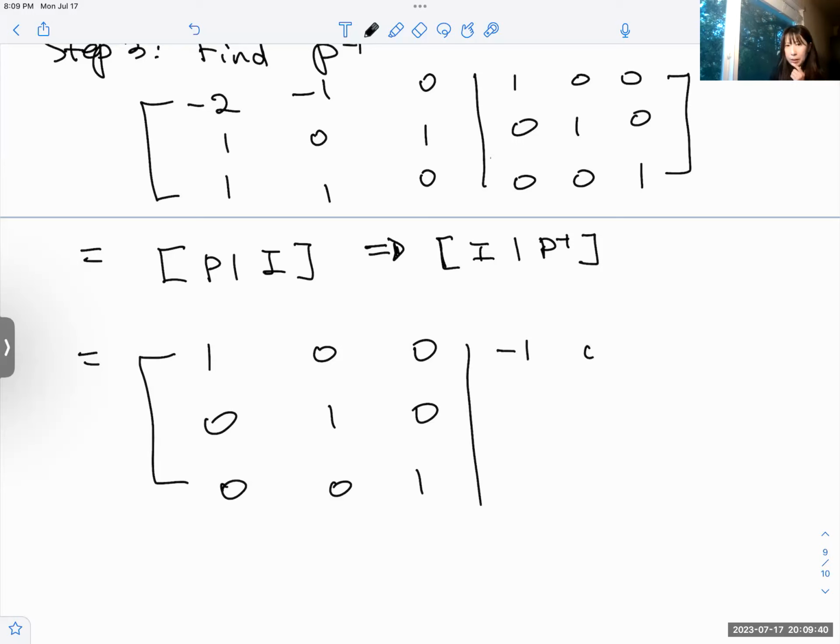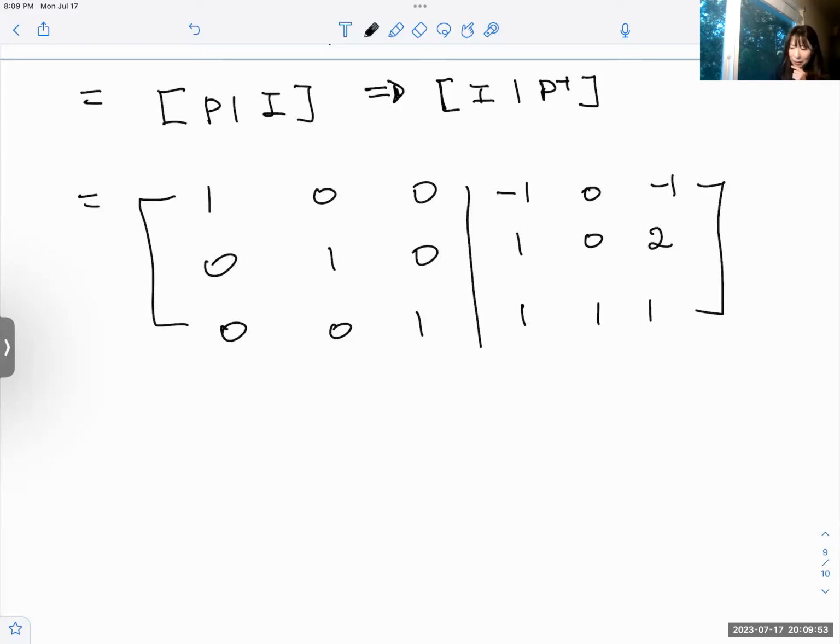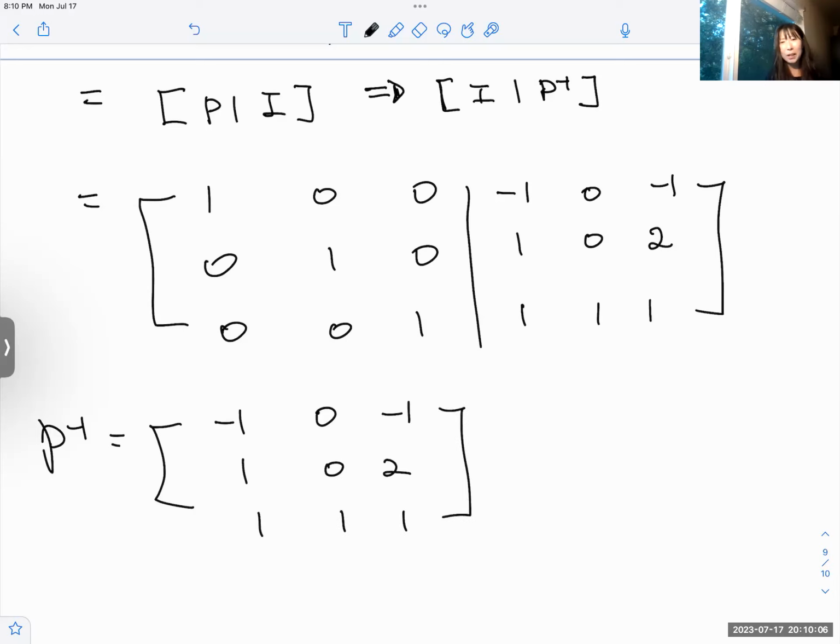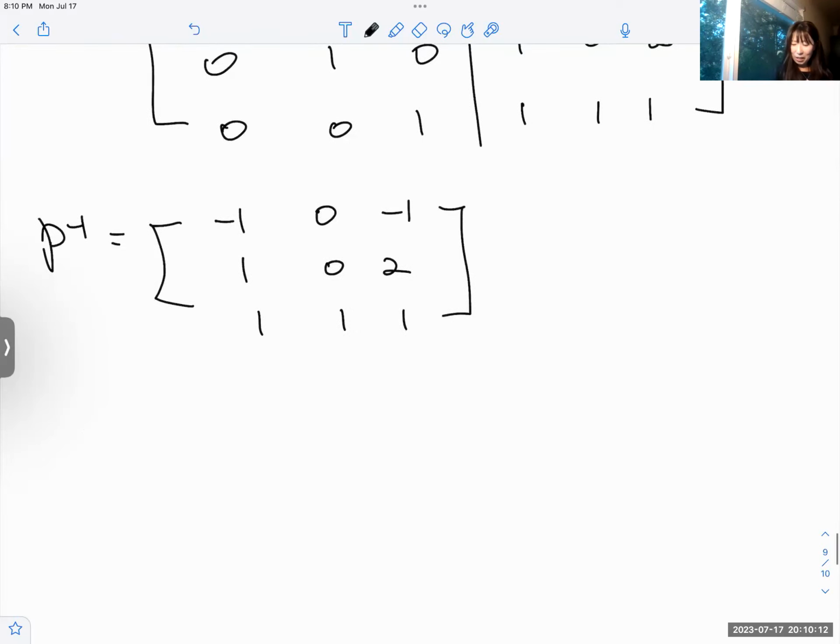So we have negative 1 0 negative 1, 1 0 2, 1 1 1. So the inverse will be negative 1 0 negative 1, 1 0 2, 1 1 1. Finally.